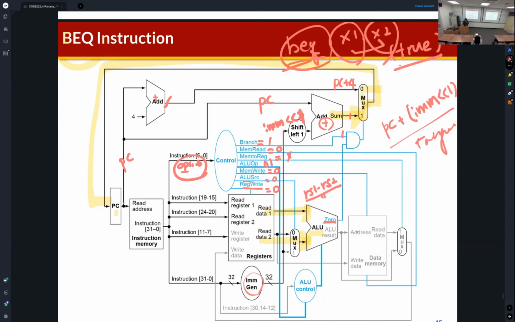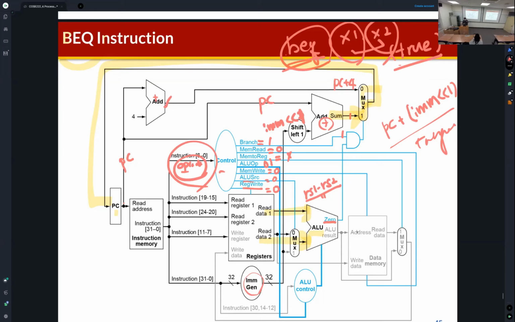So based on the opcode, which means the category of the current instruction, the control unit of the single cycle processor generates the control signals, based on the definition of the instruction set architecture.